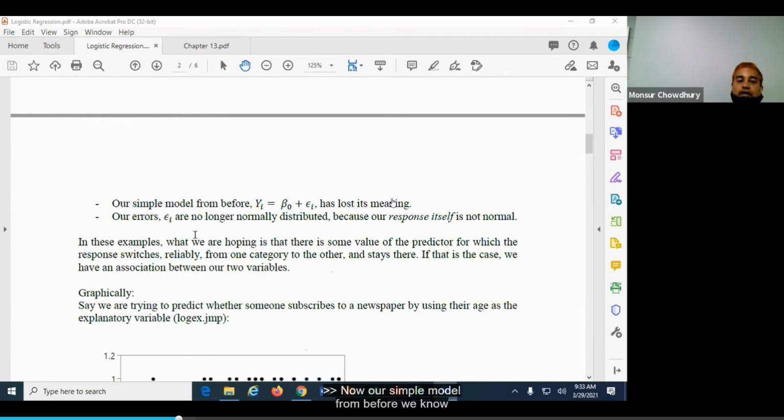Now our simple model from before, which is what we always use, is y_i equals beta 0 plus epsilon_i. But now we cannot write our model in this form. Our error terms are no longer normally distributed because our response variable is not normal. The response variable is categorical, not continuous.